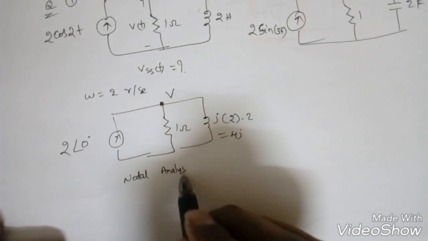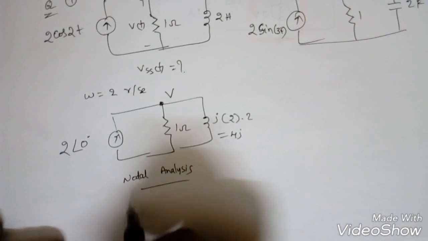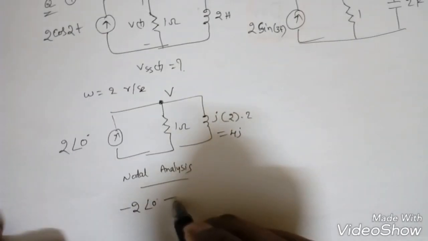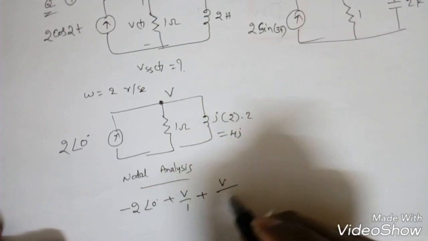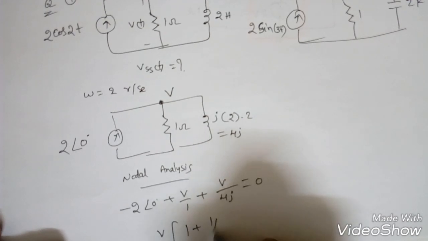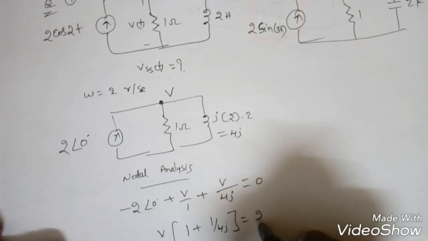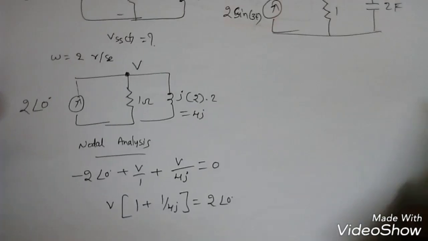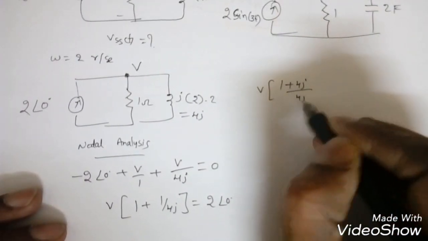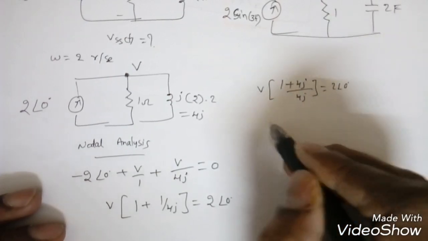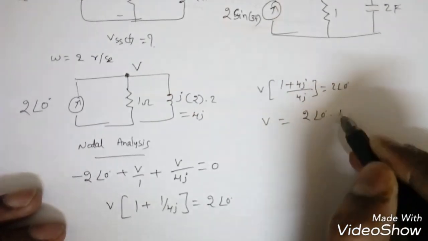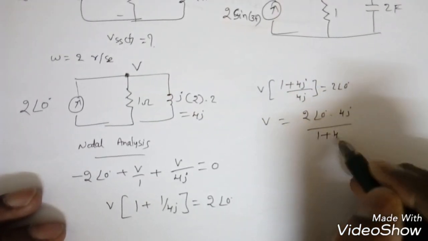So if I apply nodal analysis, what will I get? 2 ampere is incoming, so minus 2 angle 0 is leaving, plus V by 1 plus V by 4j is equal to 0. If I take V common, (1 plus 1 by 4j) V is equal to 2 angle 0. Now how to proceed? V, if I take common, (1 plus 4j) by 4j is equal to 2 angle 0. So V is equal to 2 angle 0 into 4j by (1 plus 4j).